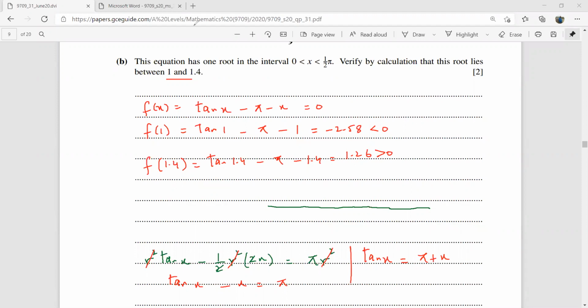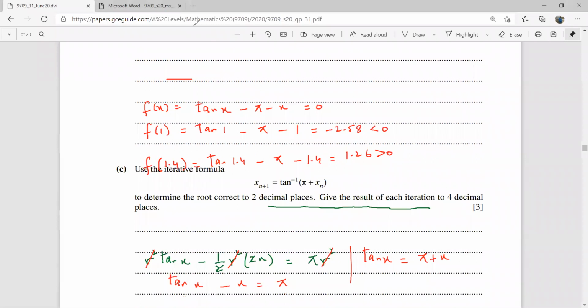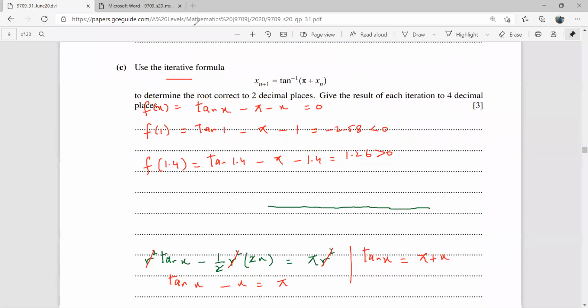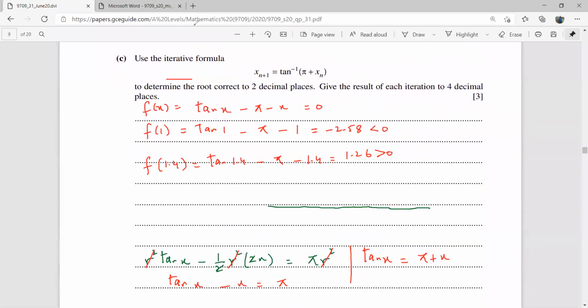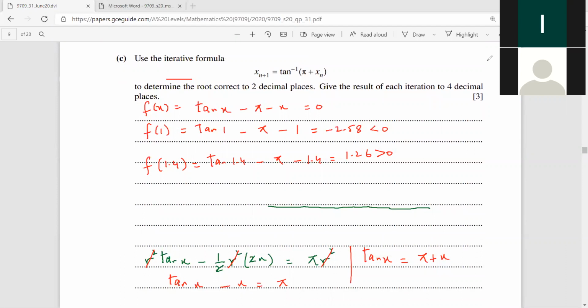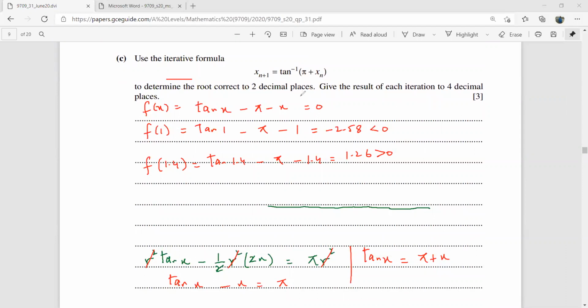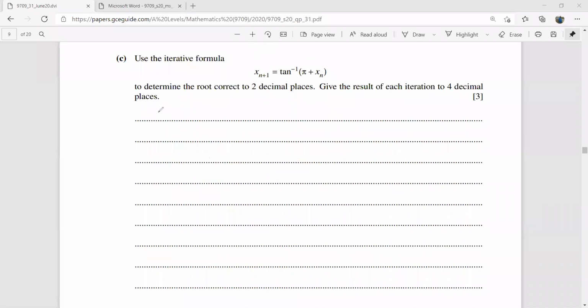Acha guys, after this he says use the iterative formula to determine the root correct to two decimal places. So when you have to use that iterative formula, you always need to have the initial value. So what would be the initial value over here? What will be your x1?